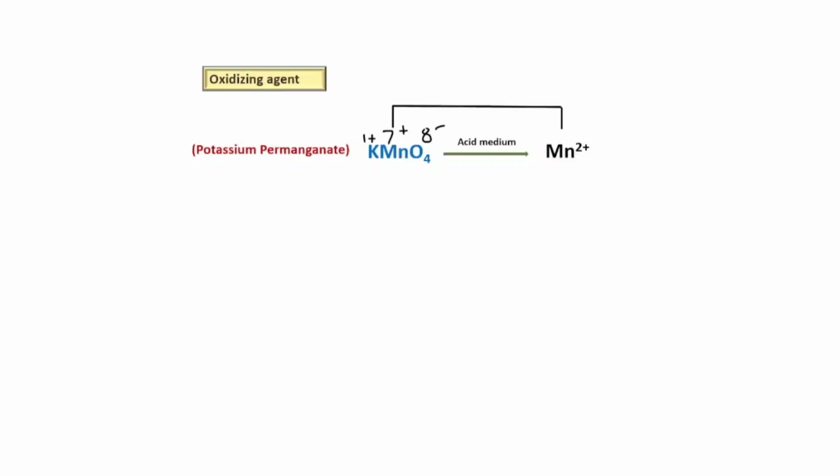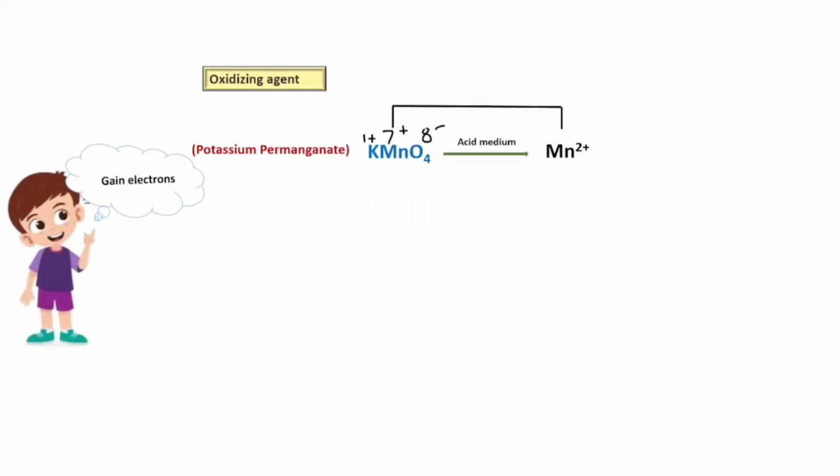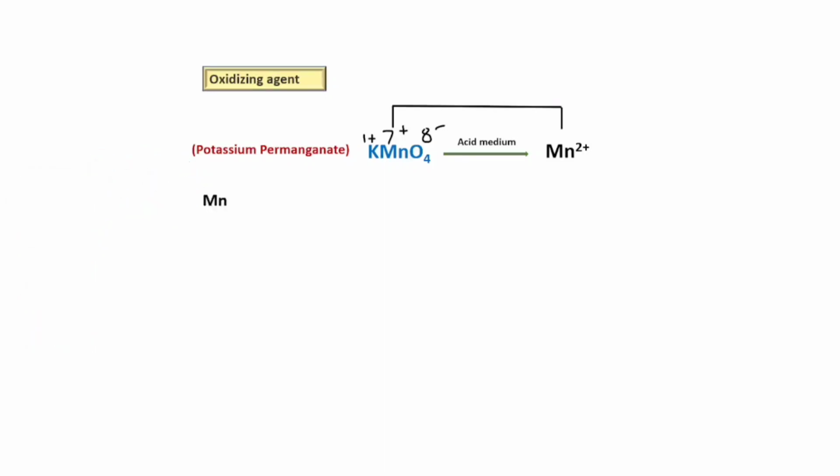Let me say again, the oxidation state of manganese is changing from +7 to +2, meaning it has gained electrons and its positive charge reduced. So manganese is reduced by accepting 5 electrons and oxidizes other substances in the chemical reaction. Again, the charge on manganese is changed from +7 to +2.